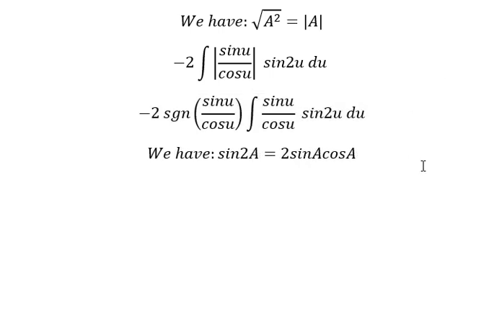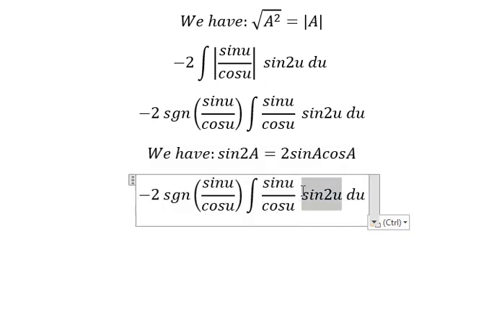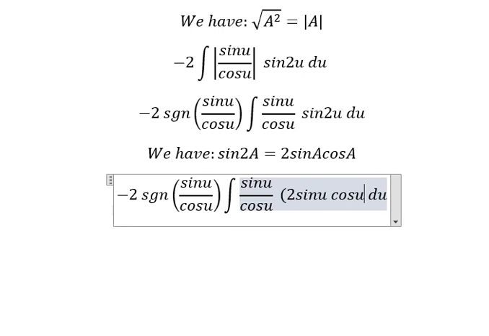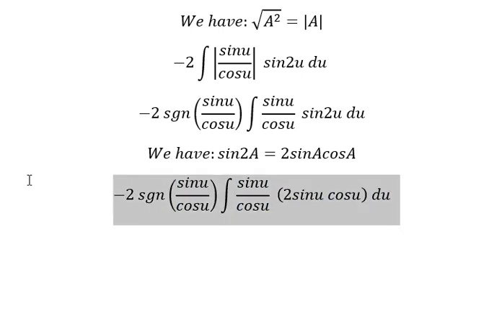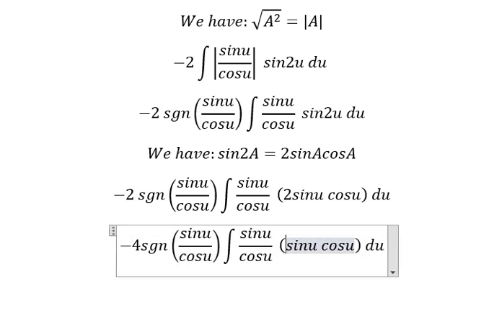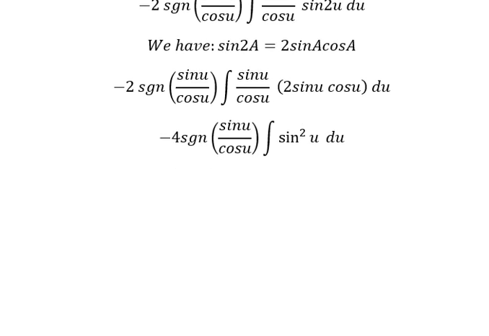So we need to change sine to u, that is this one. So 2 and 2 we have 4. Sine u we have sine squared u, cosine u we cancel. And now we have the formula here.